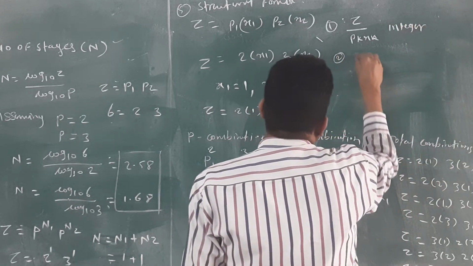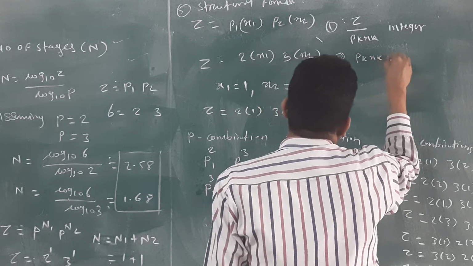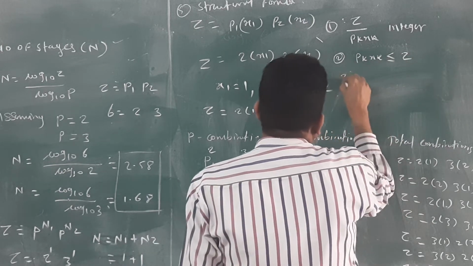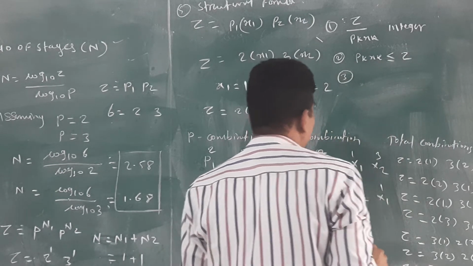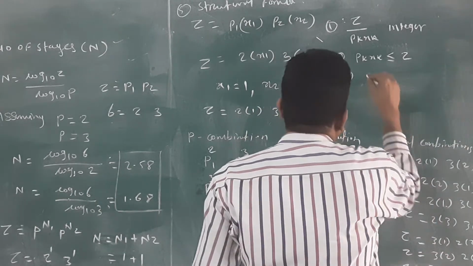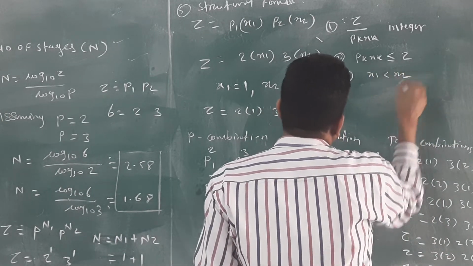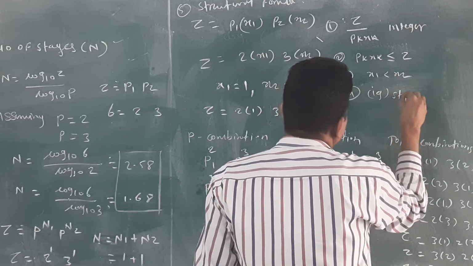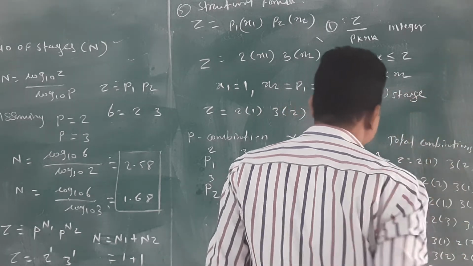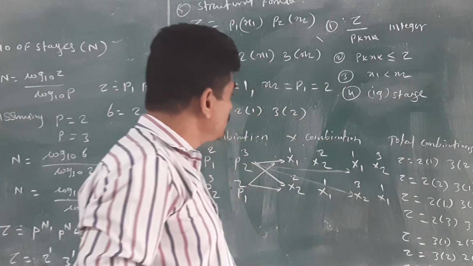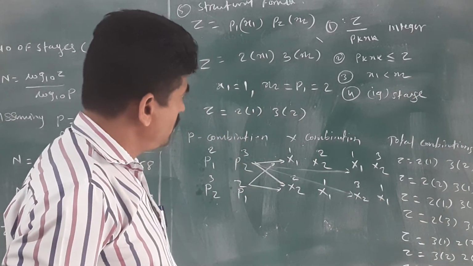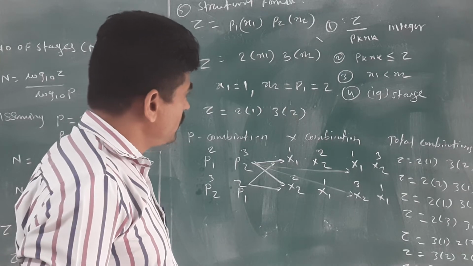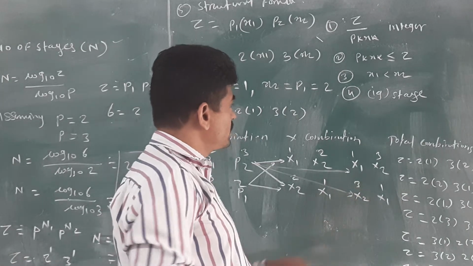Second, the product of pk xk must be less than or equal to Z. The third condition is x1 is less than x2. And the fourth condition, you have to check the ij stage.